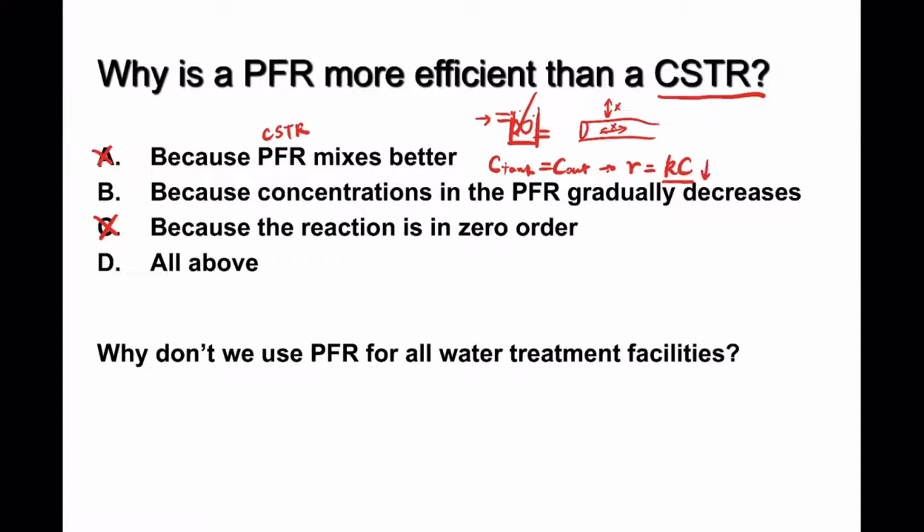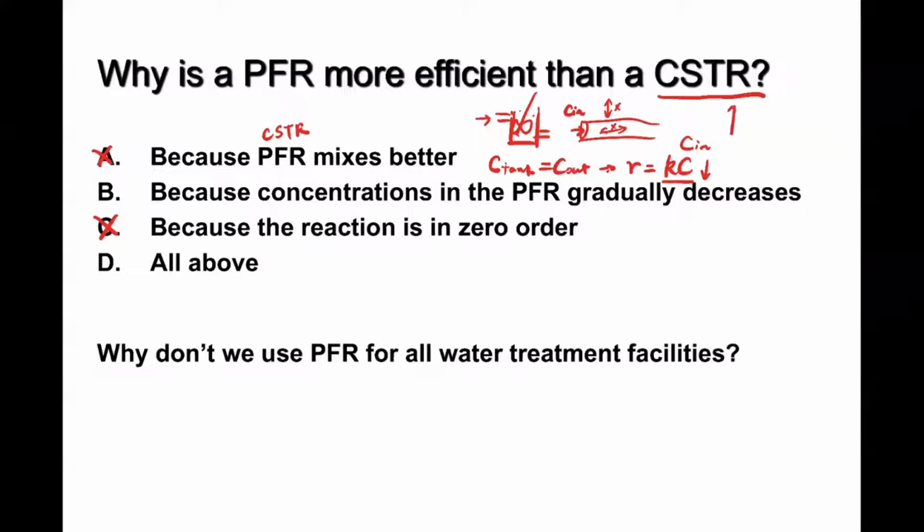So they're not reacting at the fastest speed, mainly because when they enter the tank, they should use the inlet concentration to represent the reaction rate. So for the CSTR, the reaction rate is reduced. But for the PFR, at the inlet, it's still at its highest concentration, C in.